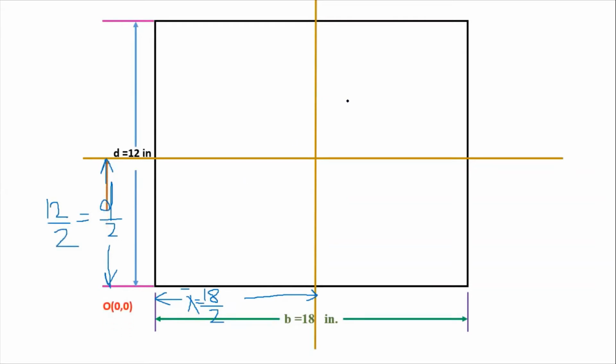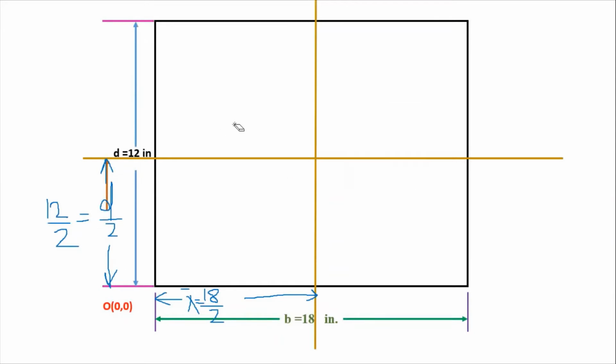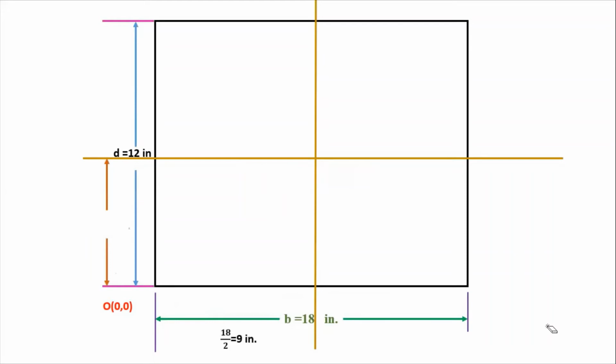Let me erase all the ink from the slide and you can see this is 18 divided by 2 equals 9 inches. And this is 12 divided by 2 equals 6 inches. So this is G, x comma y, equals 18 divided by 2 comma 12 divided by 2.